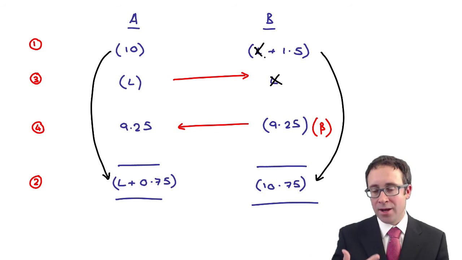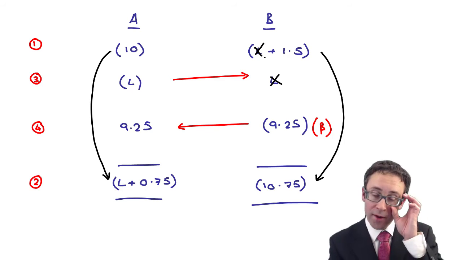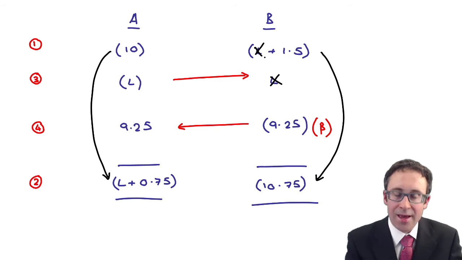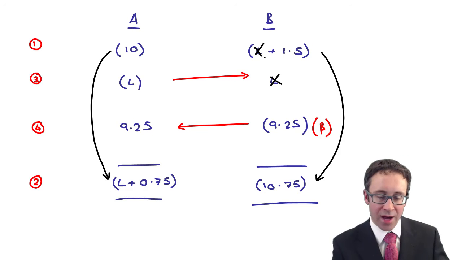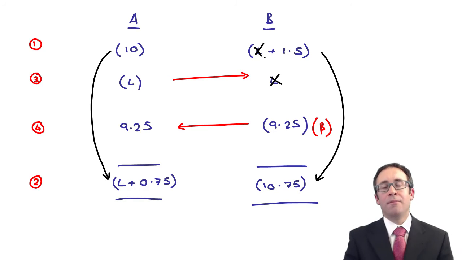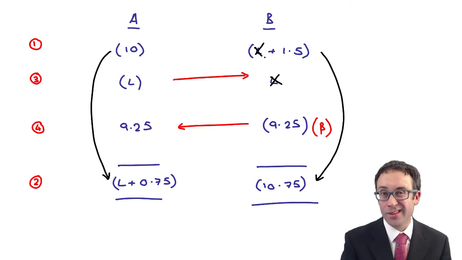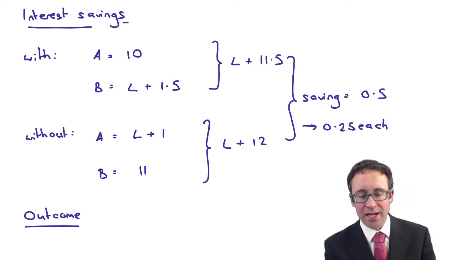It then needs to pay enough to get to 10.75. So 10.75 less 1.5 is 9.25. Excellent. So B now has fixed at 10.75, and A, LIBOR plus 0.75. When you net it off, 10 payment, 9.25 receipt is a net 0.75 payment, isn't it? There you go.